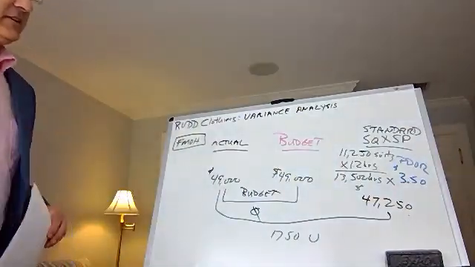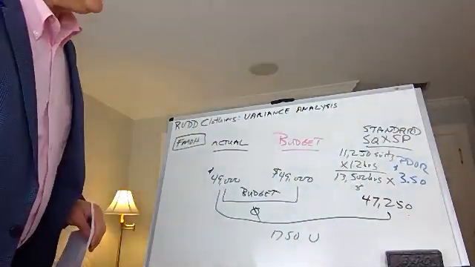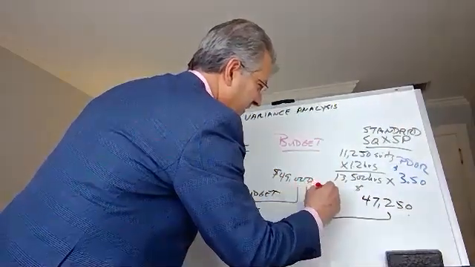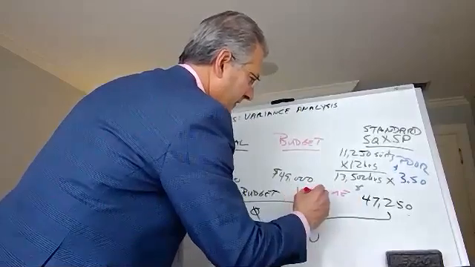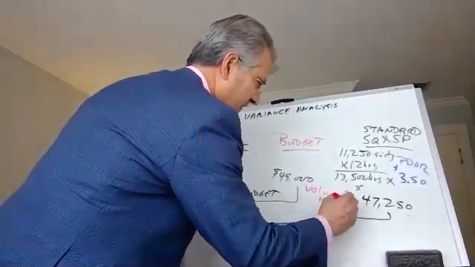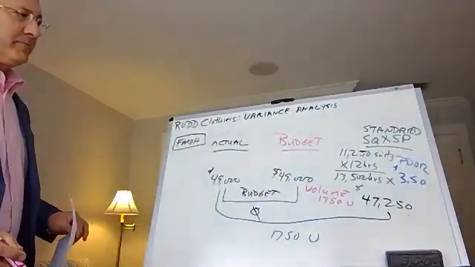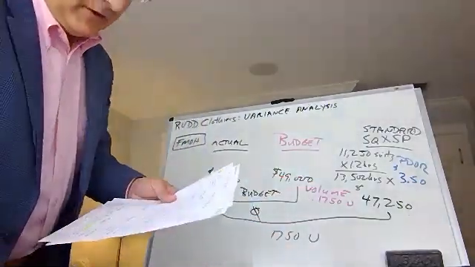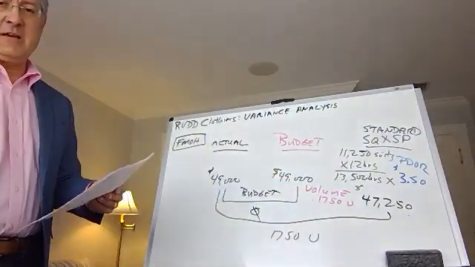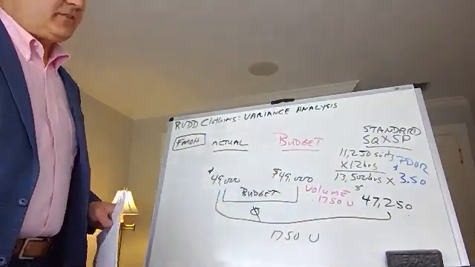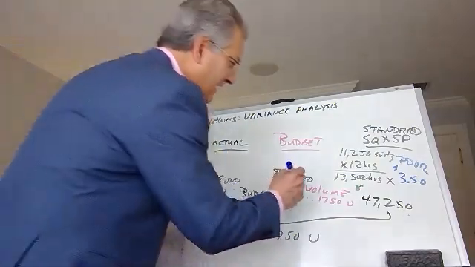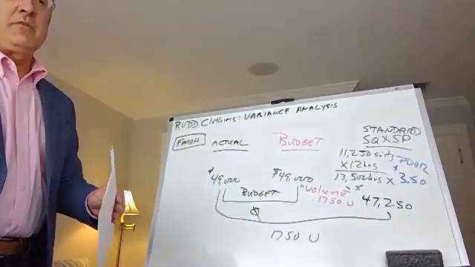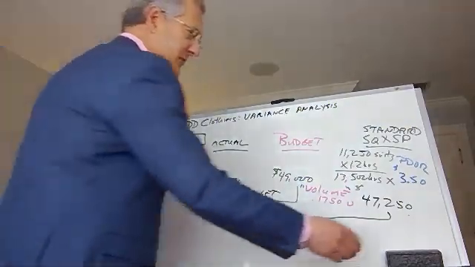$47,250 minus $49,000. More importantly, we have a volume variance here of $1,750 unfavorable. So the question is, why did that come about? Well, in order to understand it, we need to remember that this is a volume variance. Volume represents the number of units that a company produces.